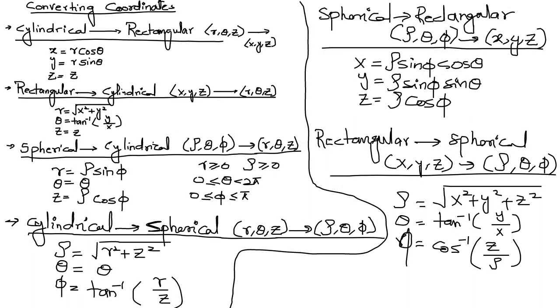For example, if cylindrical coordinates are given and you want to find the rectangular coordinates, then you have to use this formula. I will give you one example.